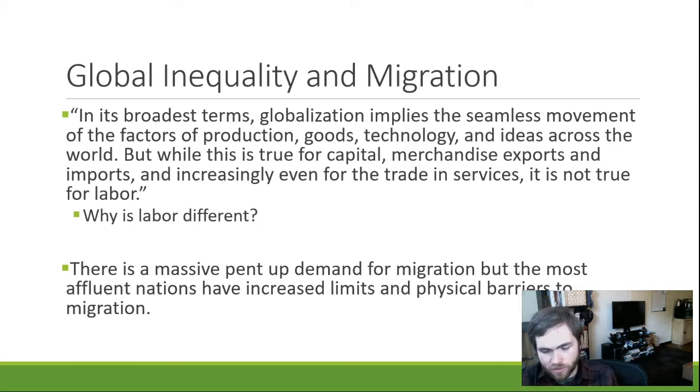In some places like Canada, there's a strict evaluation system that's based on what you are expected to contribute economically. And so, because of this, there's a massive pent-up global demand for migration. But the most affluent nations that could kind of help these people the most, because they have the greatest income premium, citizenship income premium, have increased both legal and physical barriers to migration.